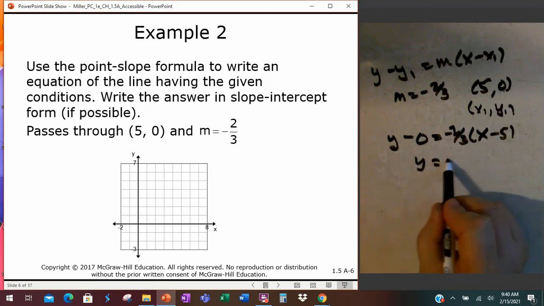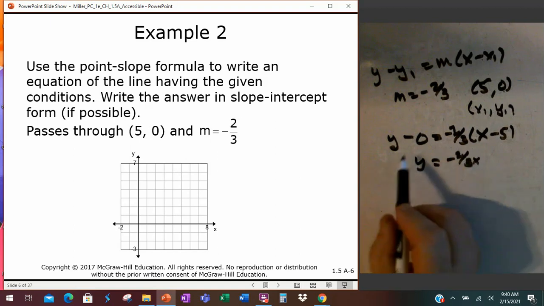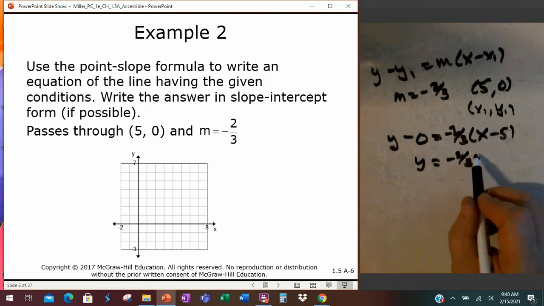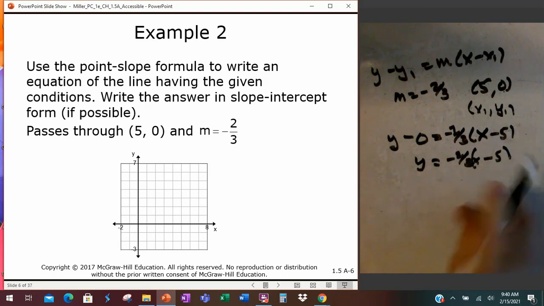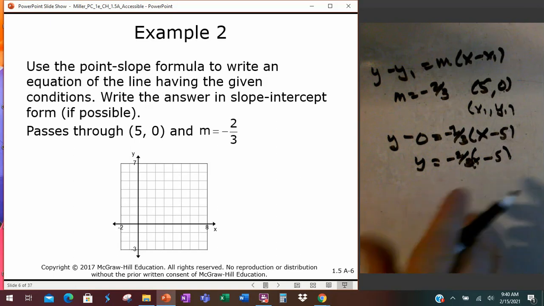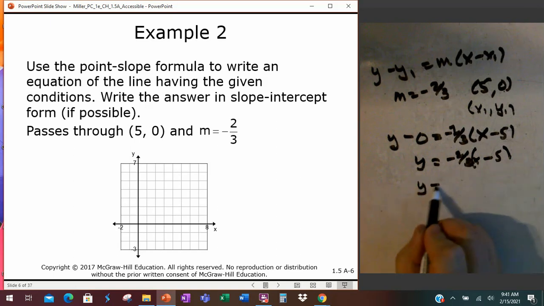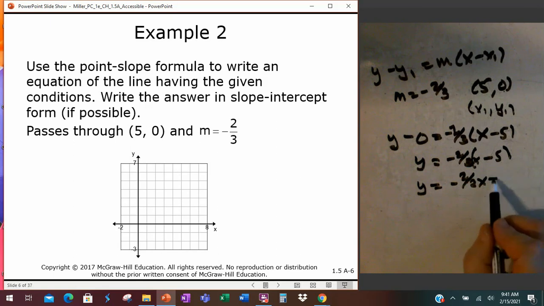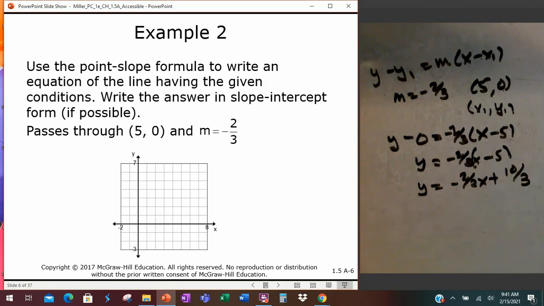So y is equal to -2/3 x minus 5. Actually, that's -2/3 times (x minus 5). That's the point slope form, but we want it in the slope intercept. I'm just going to distribute, plus negative, and then that would be the 10/3. Okay.